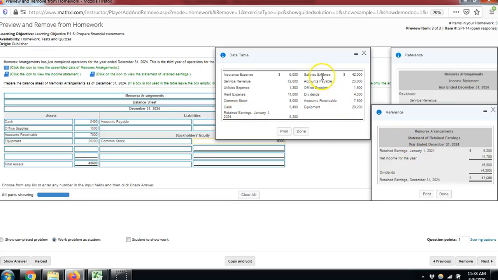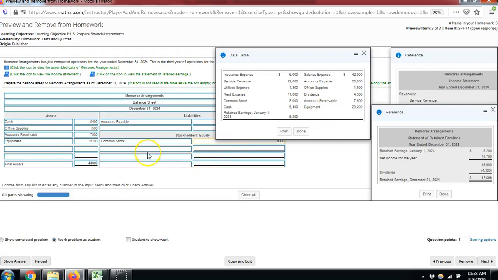Salary expenses are in our income statement. Salaries payable, we put on our balance sheet. Office supplies, balance sheet. Dividends, this is also included in the statement of retained earnings. So we want to make sure we're not going to mistakenly put it into our balance sheet. Accounts receivable is in our balance sheet. Equipment is in our balance sheet.